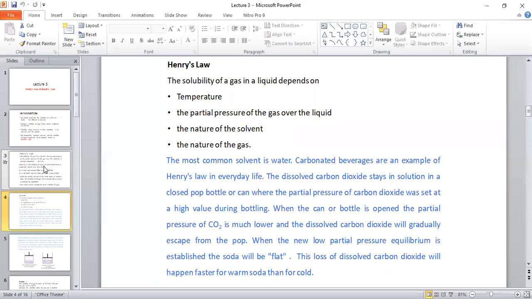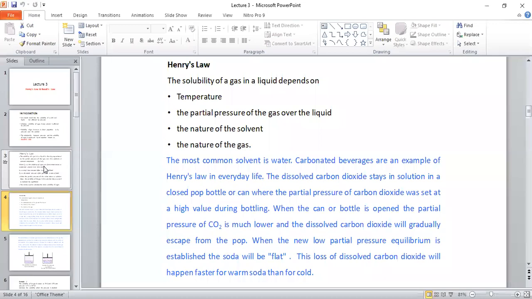We're talking about a particular temperature at which you keep the system. When you change to a different temperature, the solubility will change. The most common solvent is water.